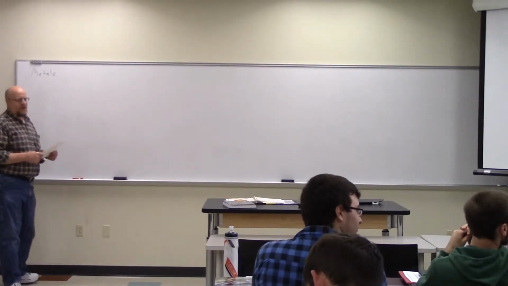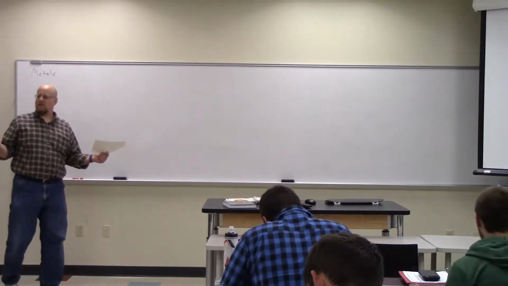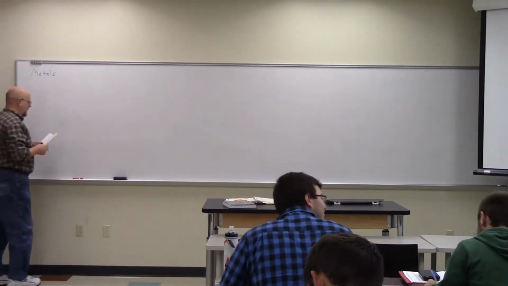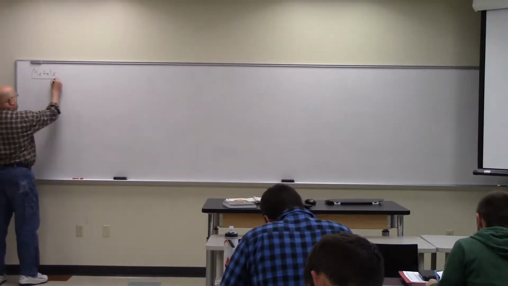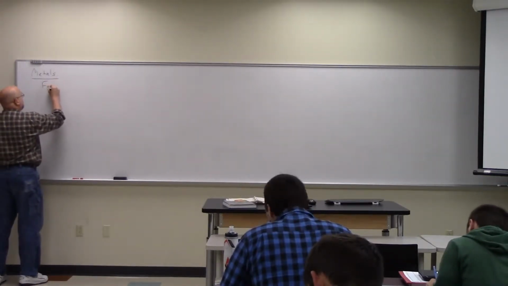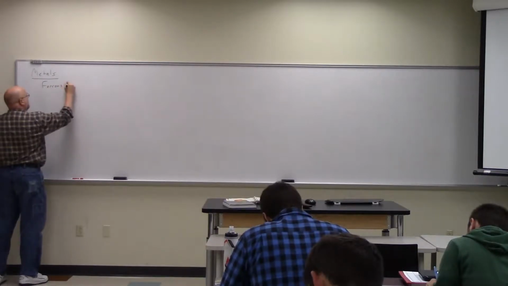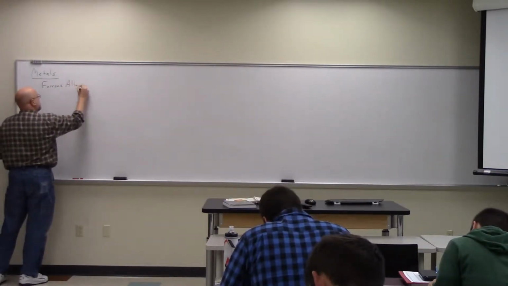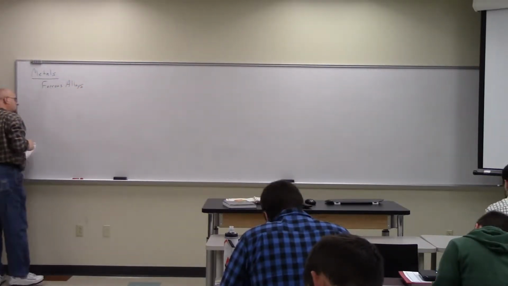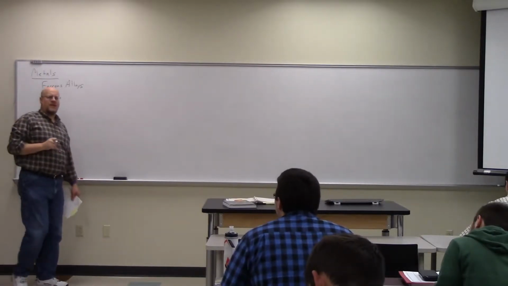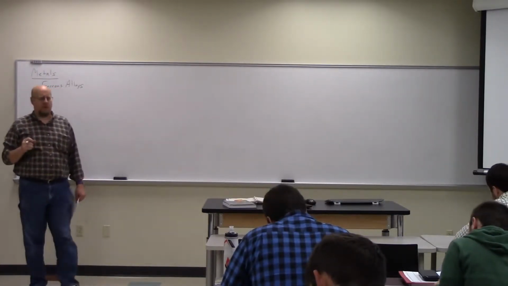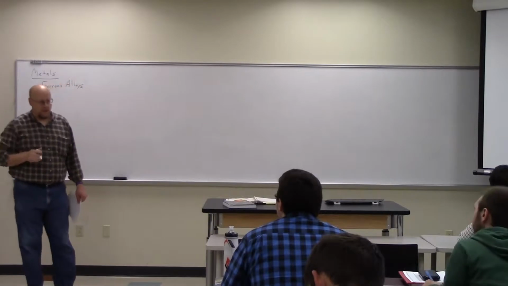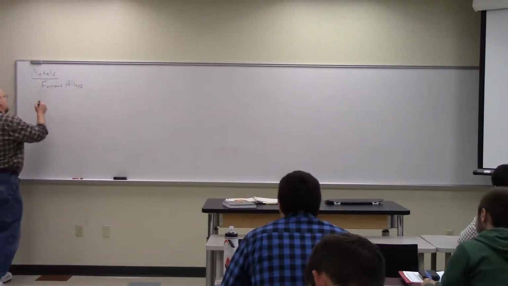All right, metals and alloys. Basically just talking about what metals and alloys are typically used in engineering structures. The most common metal or alloy are the ferrous alloys. What is the most common? Steel. Iron. There you go, steel. Excellent.